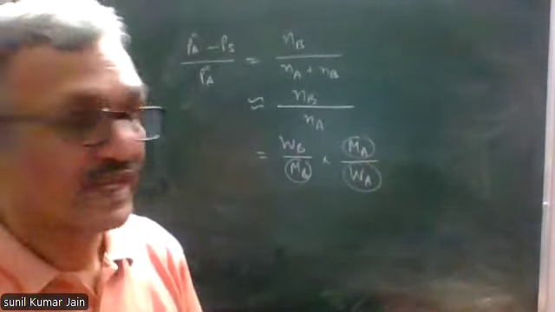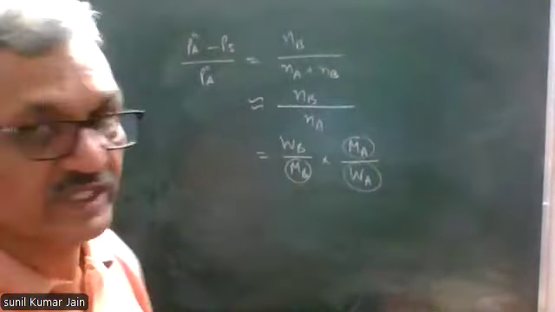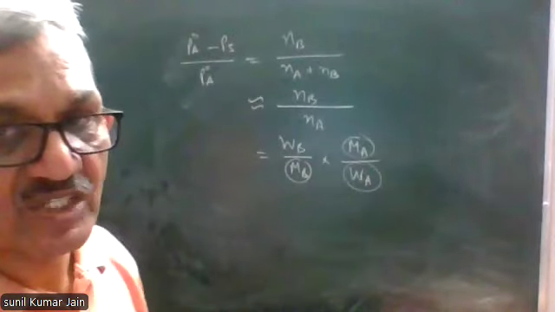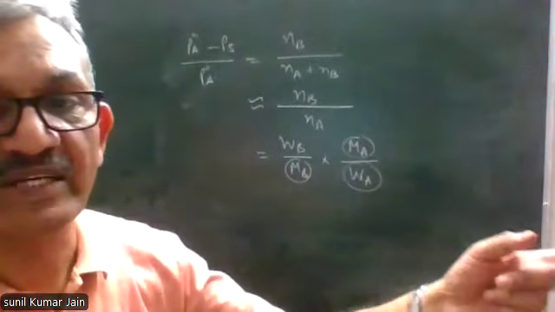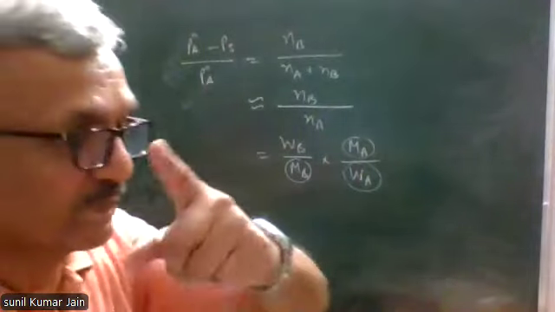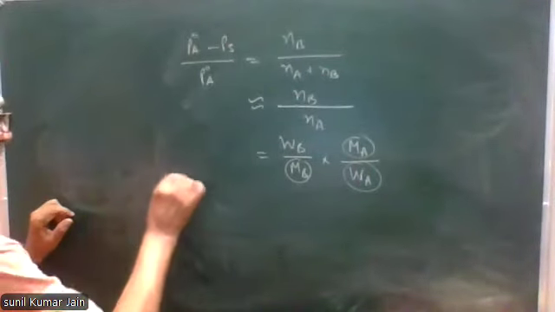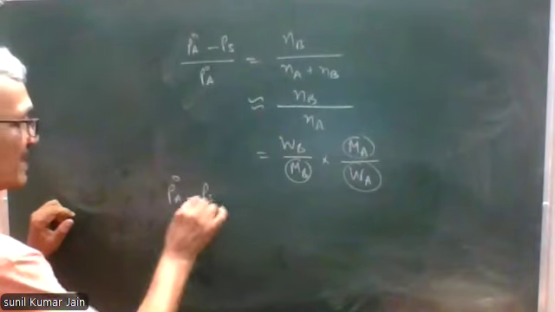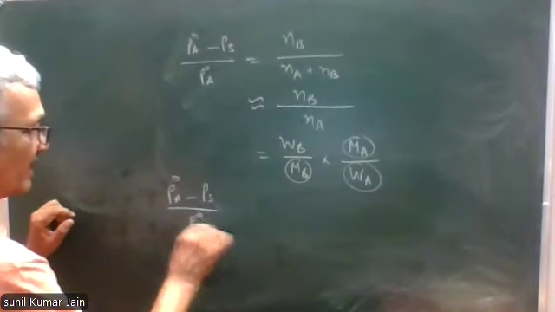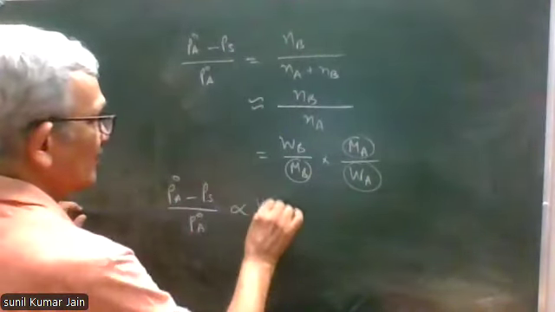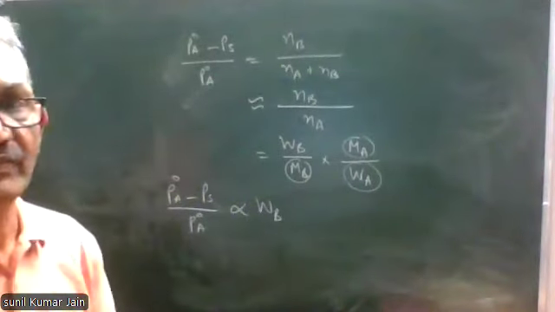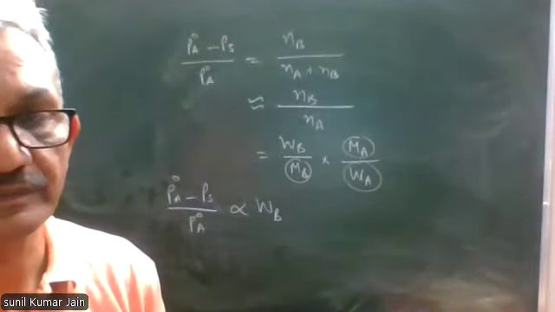And when I say for a particular amount of solvent, it means weight of solvent is also constant. And if these three are constant, it means I can replace these three by the sign of proportionality. So it becomes, write down, P naught A minus PS upon P naught A directly proportional to weight of non-volatile solute.